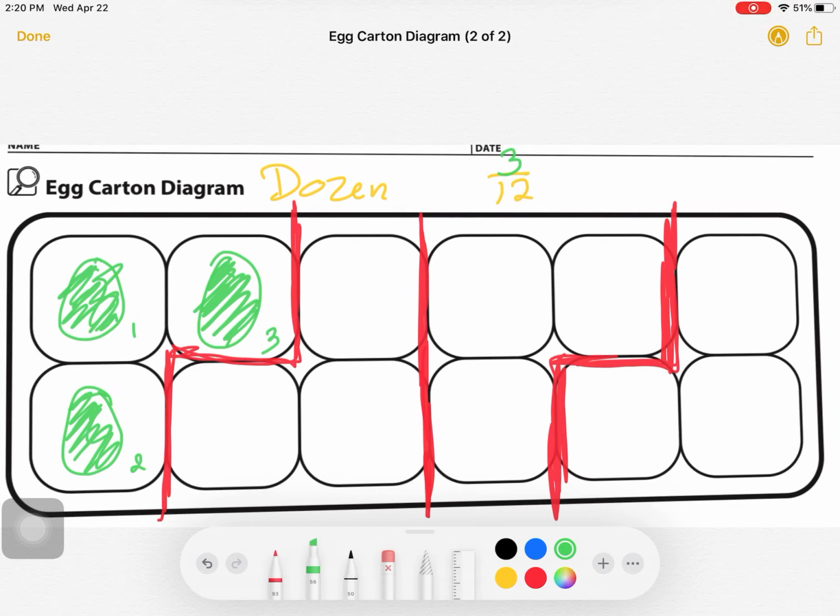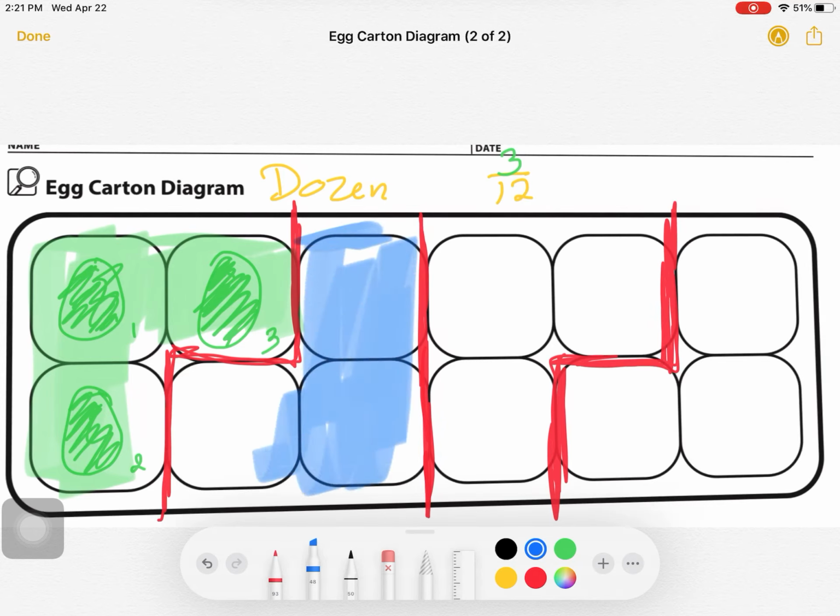If you take a look at our first section, we have a section that is one section. So here's one section of eggs, which is 3. And then we have another section of eggs, which is also 3. And then another section of eggs, which is another 3.